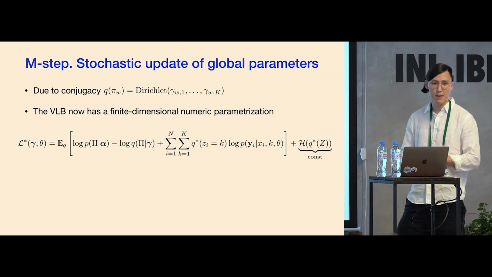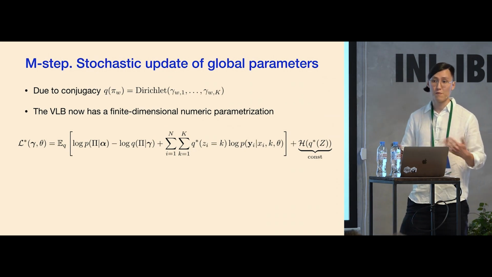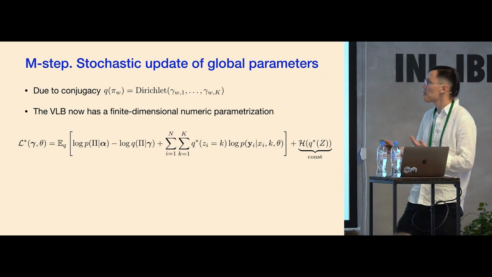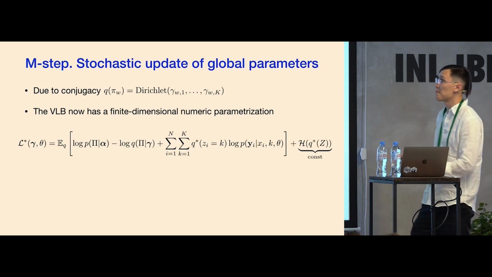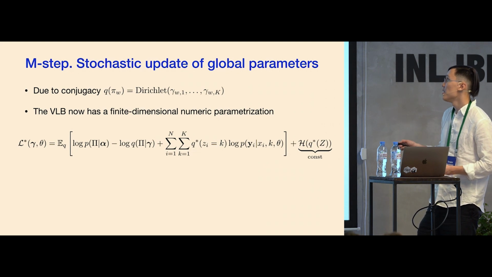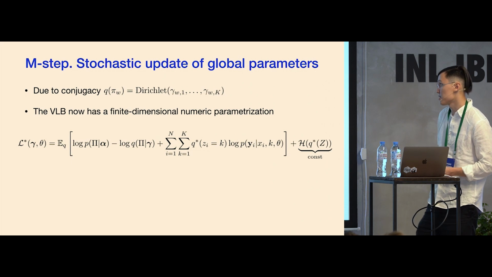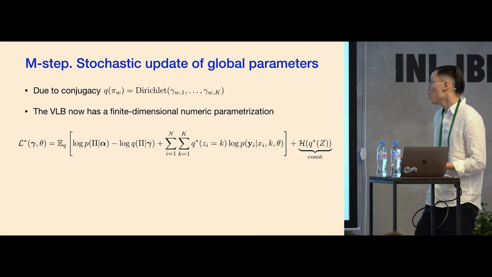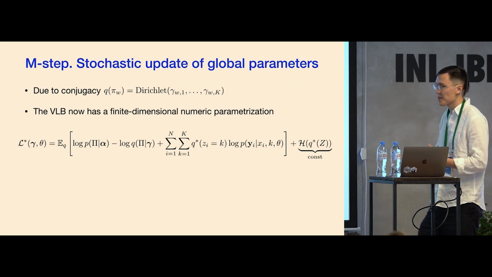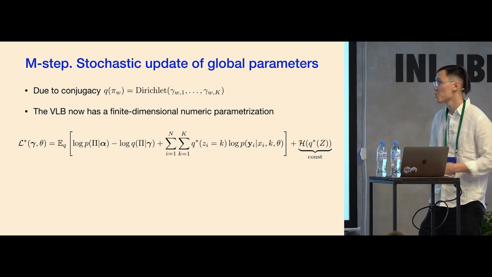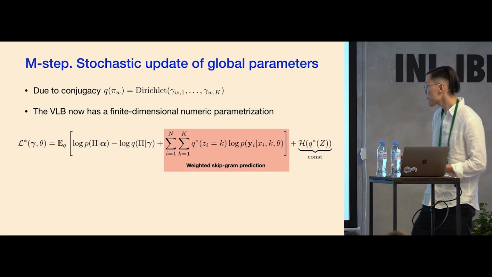Previously, it has been a function of distributions, which is maybe a bit tricky to optimize over. Now it's just a function of the parameters of all the variational Dirichlet distributions and word vectors. And if so, we only need to rewrite it as an expectation with respect to a data point to derive a stochastic algorithm.